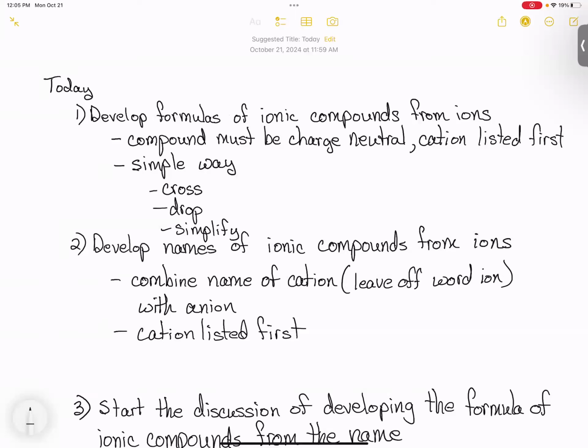But then I'm also going to teach you the simple way, which is to cross, drop, and simplify. And I'll explain that as we go along. We're going to develop the names of ionic compounds from the ions. Again, the cation must always be listed first. The way we develop the names is we write the name of the cation and follow it with the name of the anion.